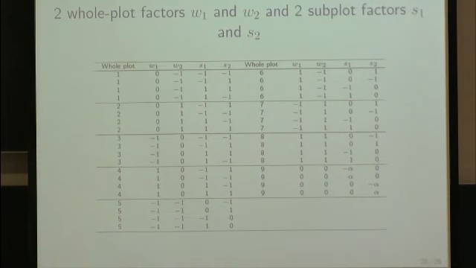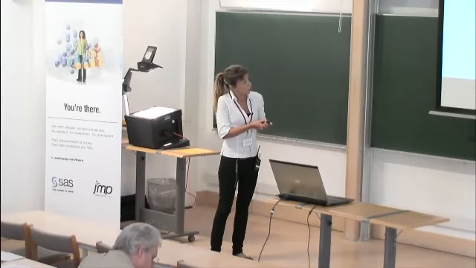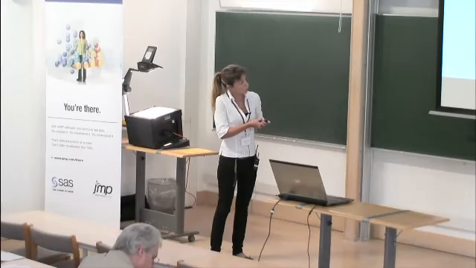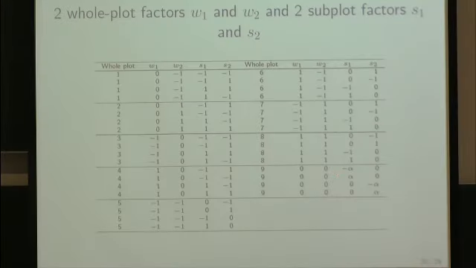So in this way, we obtain 8 whole plots of size 4. From the axial portion, and from the initial 8 points that we have in the supplementary differential design, we will use only the axial points of the subplot factors. So we obtain one more whole plot of size 4. So in total, 9 whole plots of size 4.